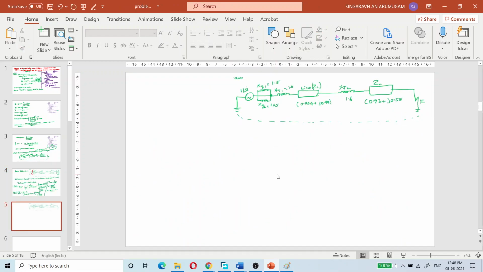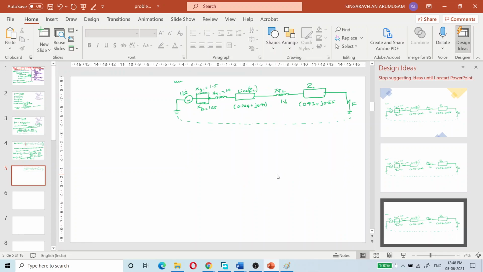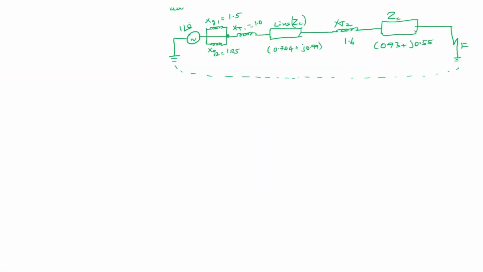This is the single line reactance diagram we formed. From this, the 11 kV point is the 11 kV bus, because after the generator there is a bus.